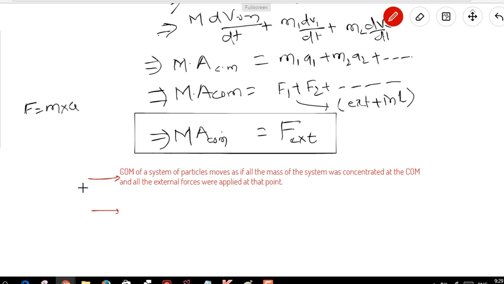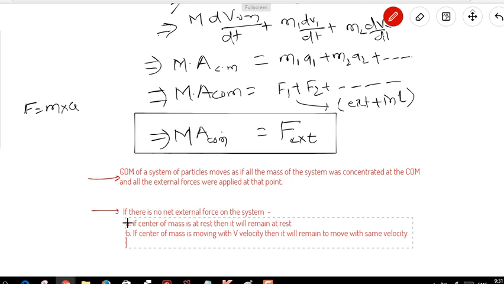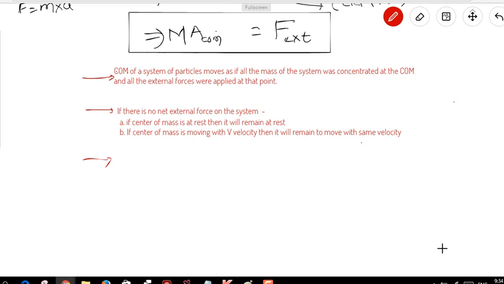The second point is, we can say that if F external, if there is no net external force, then the center of mass does not accelerate. The third point that we have already discussed is that the motion of the center of mass of a system or object is not affected by any of the internal forces.